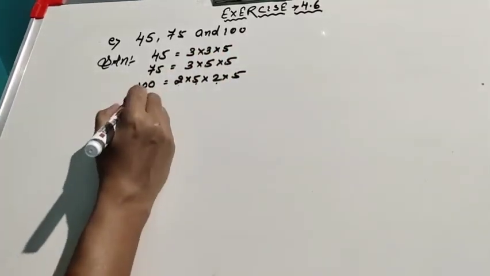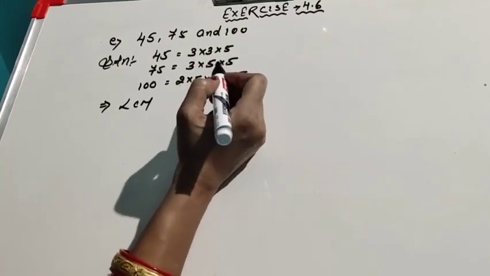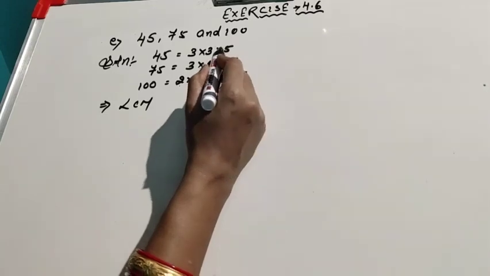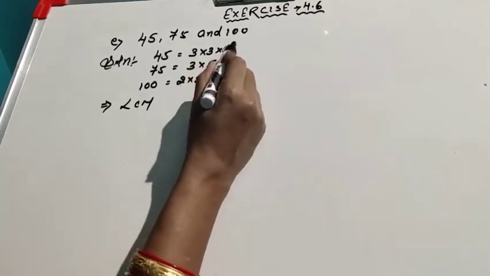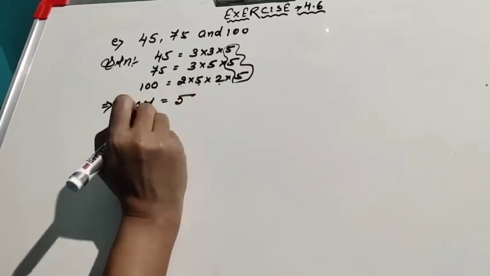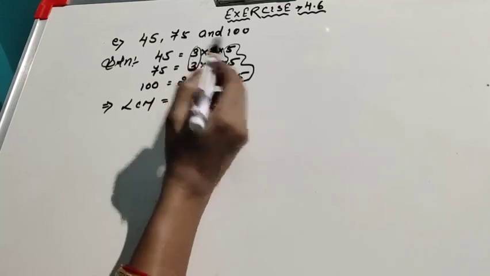Now for the LCM, you will write LCM here. In these numbers, first of all we will find the common factor. The common factor here is 5, and we will write it one time. Now 3 is given twice, so we will write 3 one time.